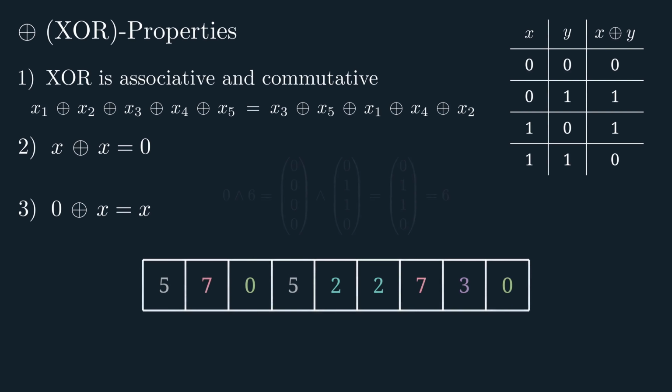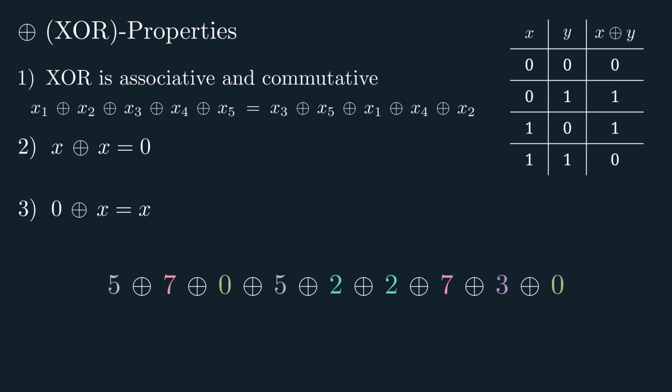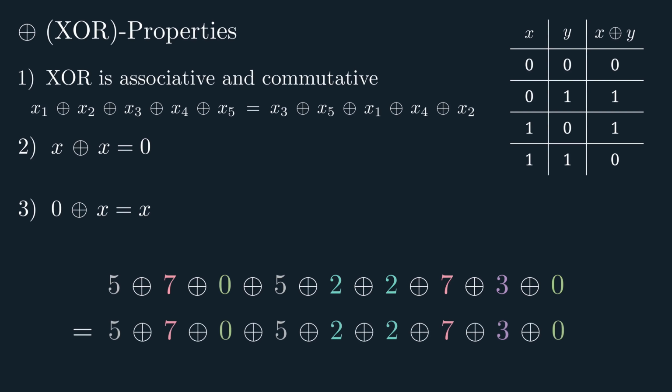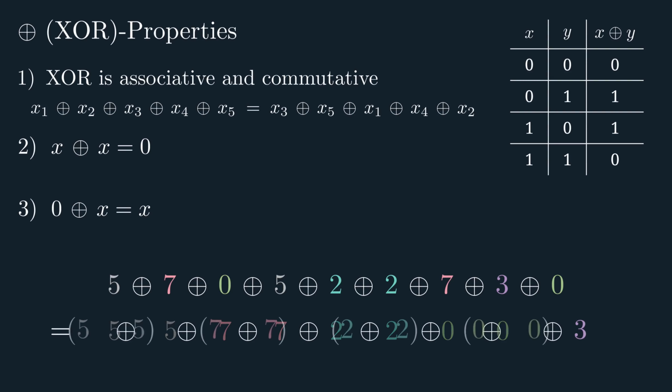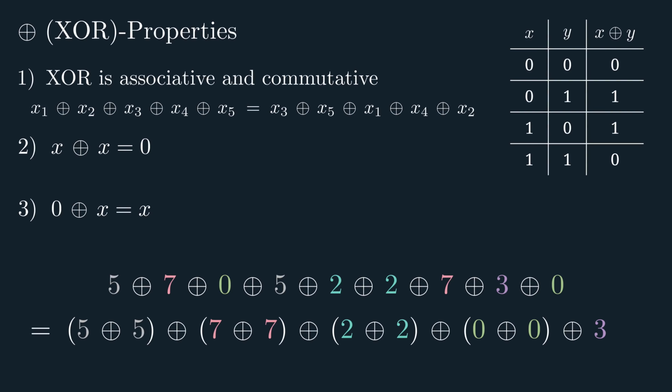Now, what happens if we take the XOR of all values in A? By our first observation, we can reorder them in an arbitrary way without changing the value. So for example, we can always group together the 2 duplicates.